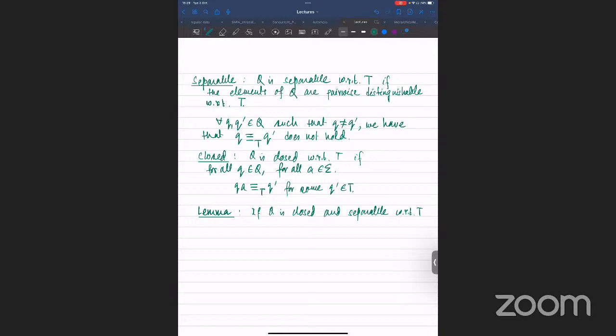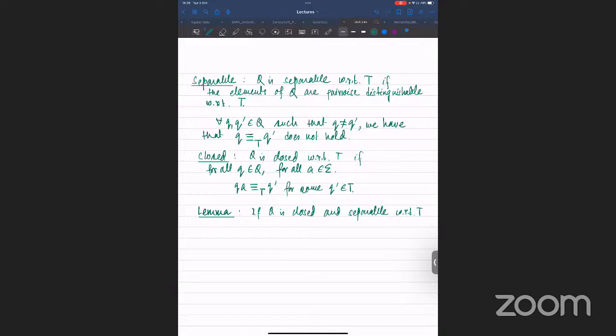Separable is just that they are pairwise distinguishable with respect to T. And closed is like you take any transition, from Q you add an A, and you will go to some Q prime, which is also in the same set, T equivalent to QA. It's clear, the two definitions.